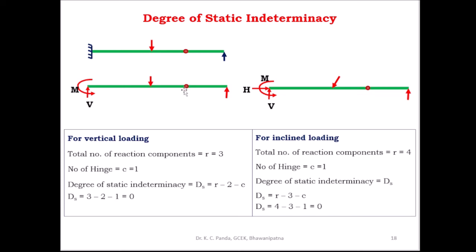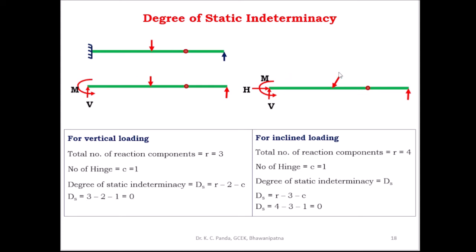And here, due to one internal hinge, c is equal to 1. So in this case the degree of static indeterminacy is ds is equal to r minus 2 minus c, if the loading is in the vertical direction. So r is the total number of reaction components, 3, minus 2, and c is equal to 1. So the degree of static indeterminacy is equal to 3 minus 2 minus 1 is equal to 0.